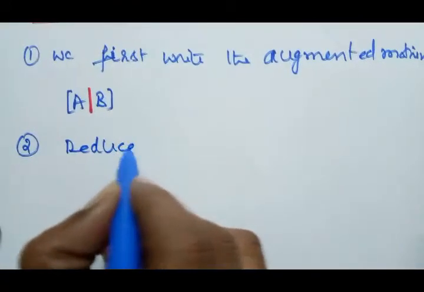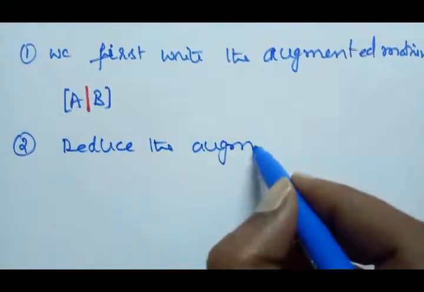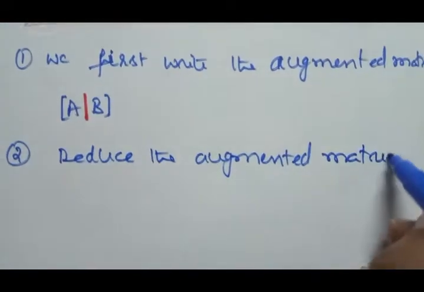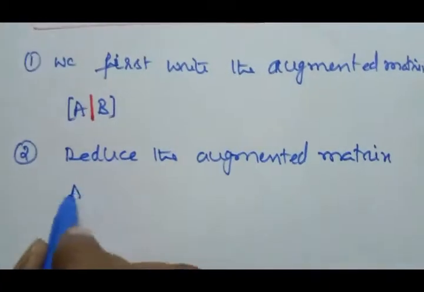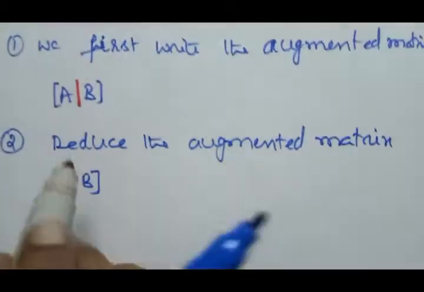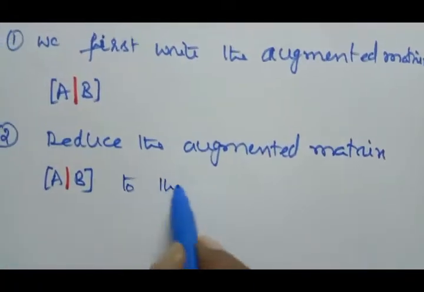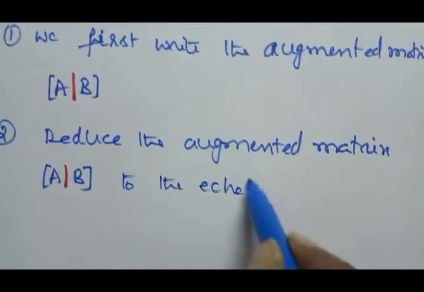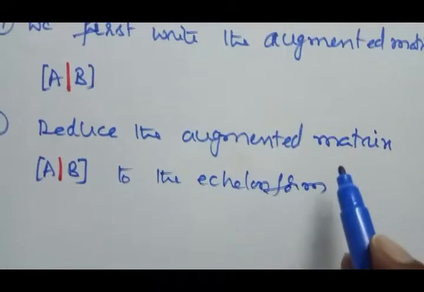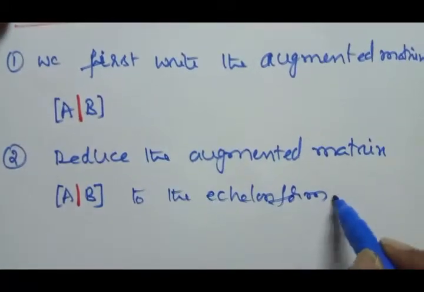Second, reduce the augmented matrix [A, B] to the echelon form. We already explained what is an echelon form of the matrix.